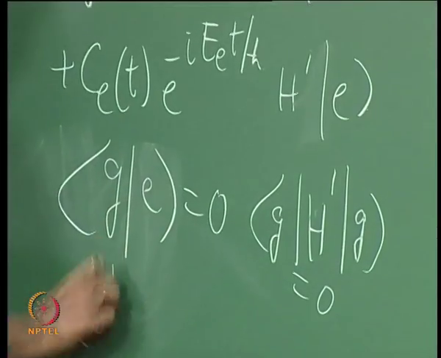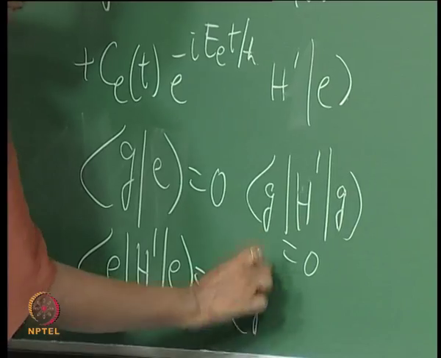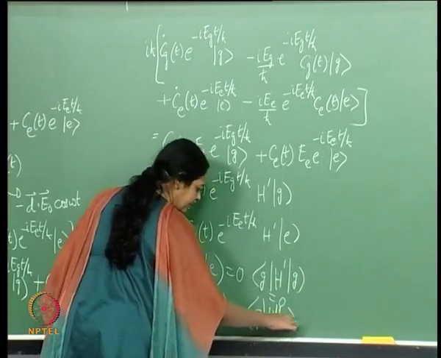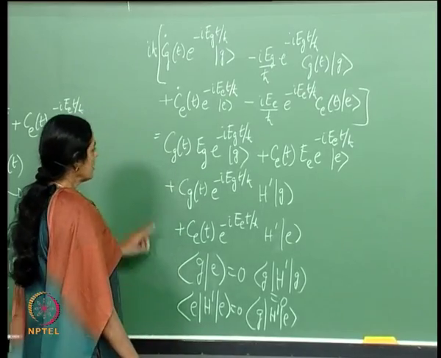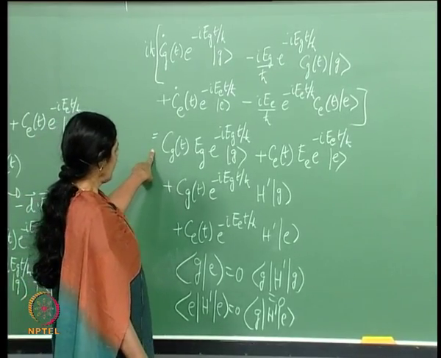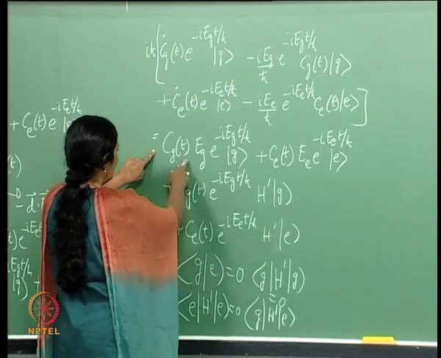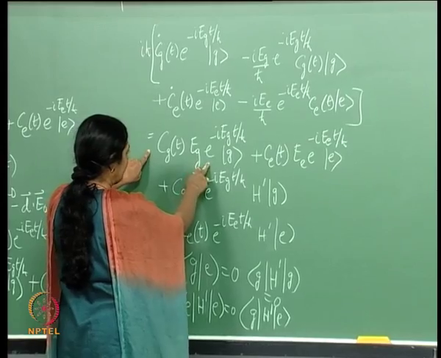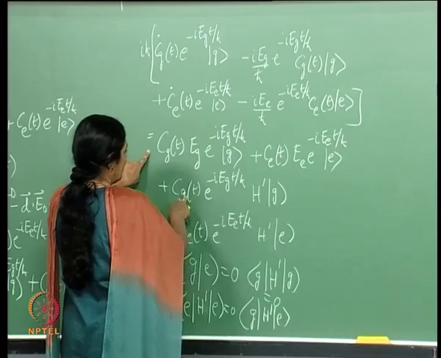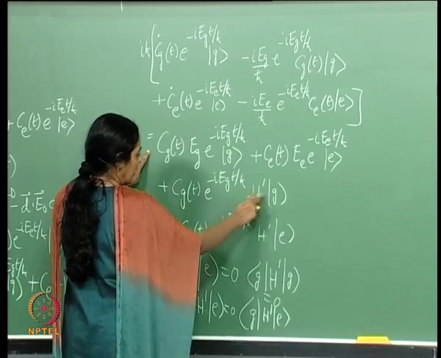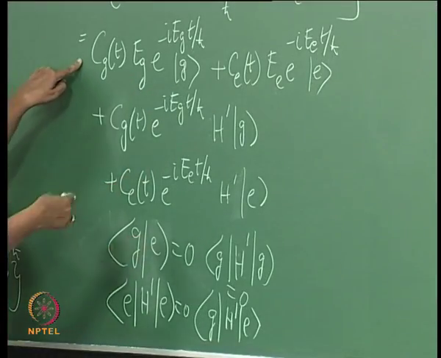Similarly, <e|H'|e> is 0, but what survives is <g|H'|e>, and therefore its complex conjugate. So we were at this point, and here you can see that this term will survive, this term will survive. Here <g|H'|g> is 0, but <g|H'|e> will survive.